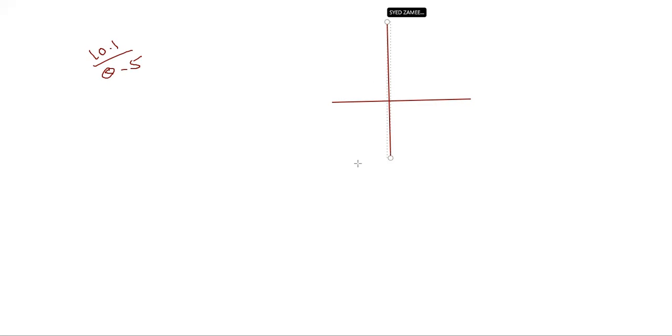There is a line passing through the origin and the midpoint of the line segment joining the points. Suppose this is the line segment whose midpoint is this one.